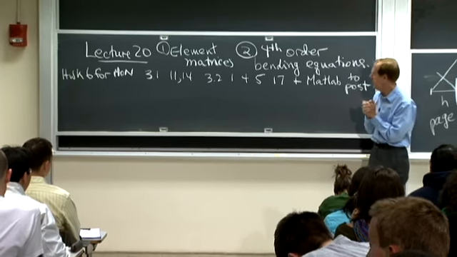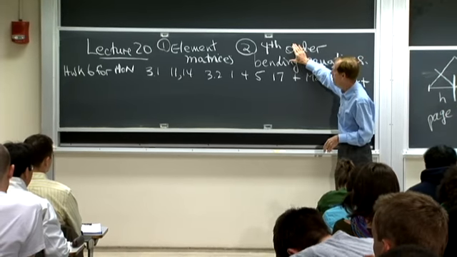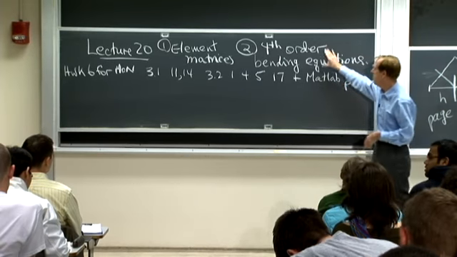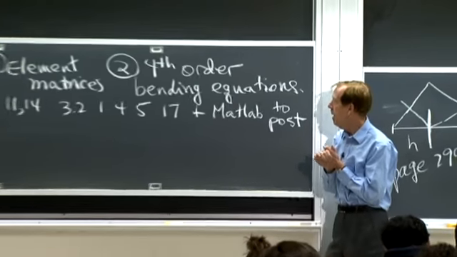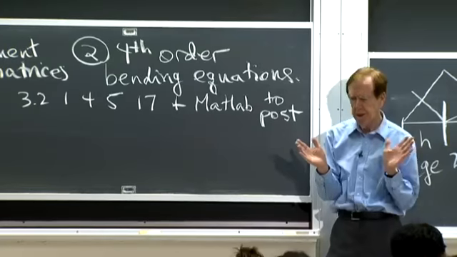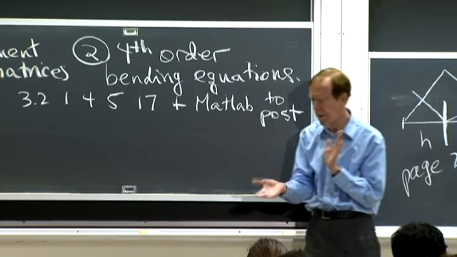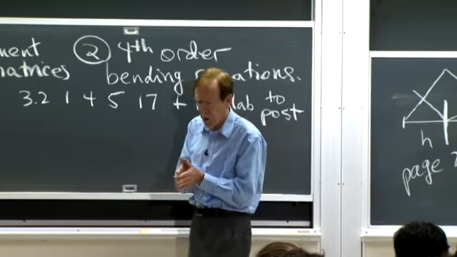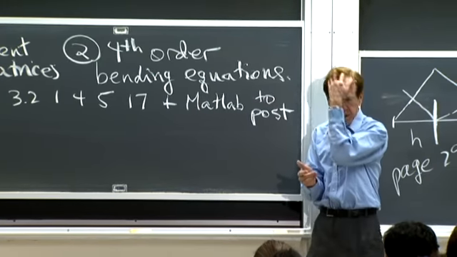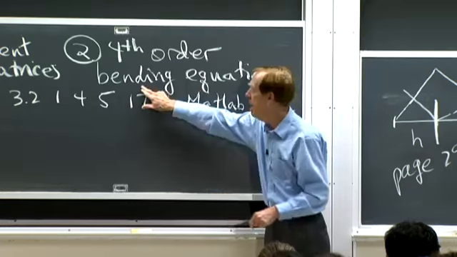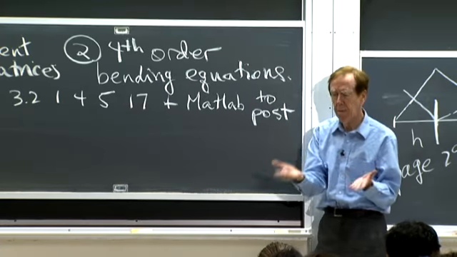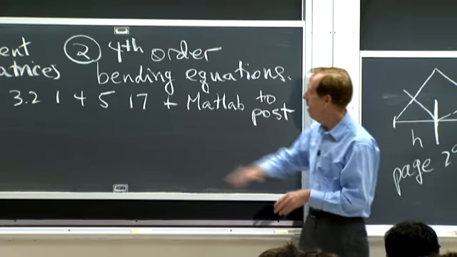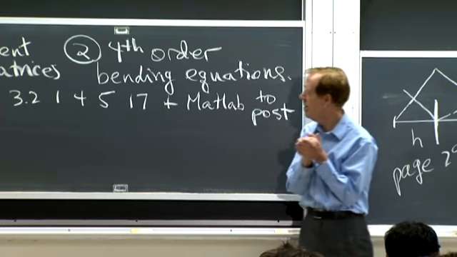That's half today's lecture. Step two, problem two, now coming from the next section, is fourth order equations. Up to now, all our differential equations have been second order. Are there fourth order equations that are important? Yes, there are, for beam bending. So I'll describe that application, which leads to fourth order equations.